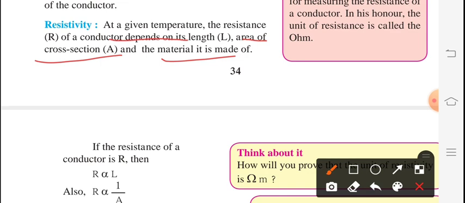So at a given temperature, the resistance R of a conductor depends upon the length of that conductor and the area of cross section, meaning the thickness of the wire, and whatever material we are using for that conductor. All these things are considered to find its resistance.